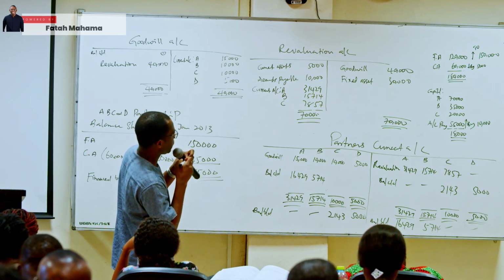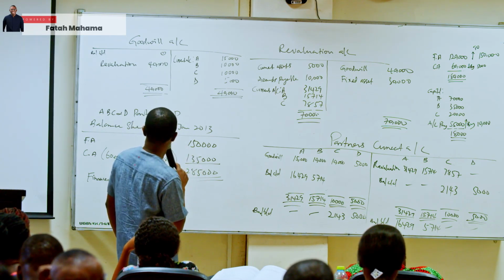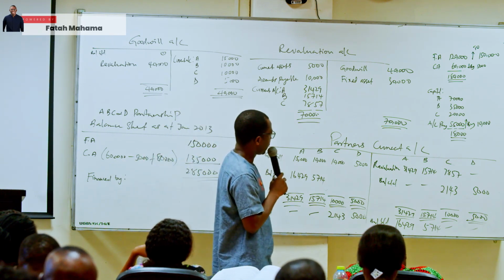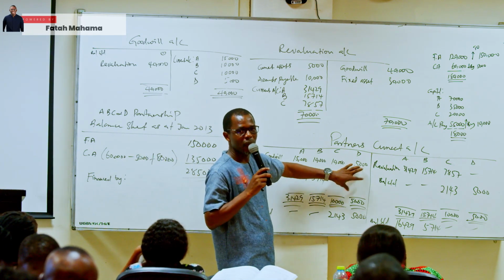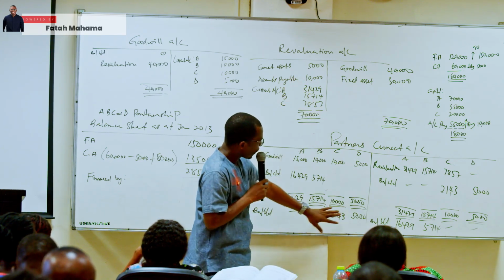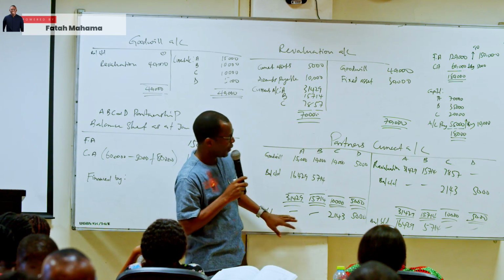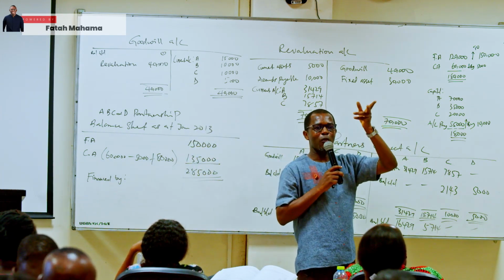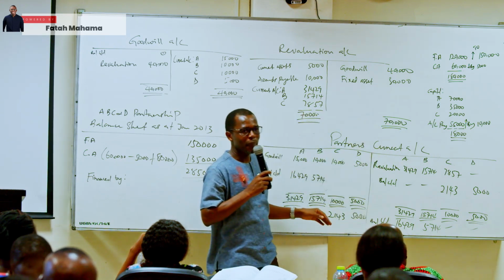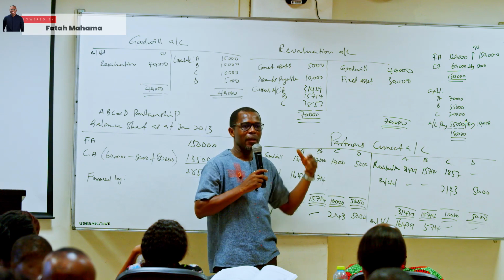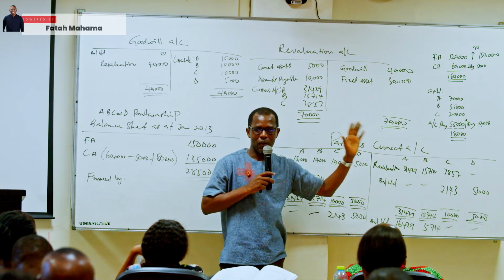Okay, so you see, I have been too fast. Look at what has happened here. You see the current account. There are two types of balances on the current account. There's some balance brought down here, and some balance brought down here. Some, the partners owe the business, and some, the business owes the partners.